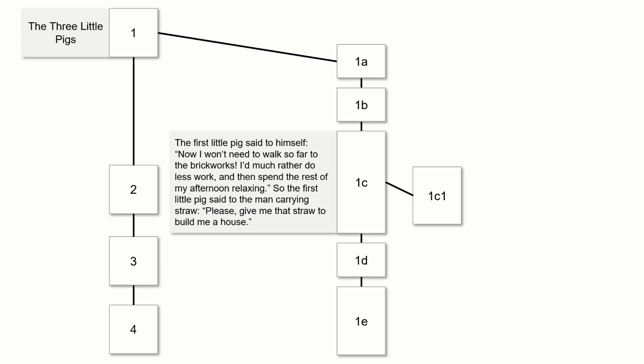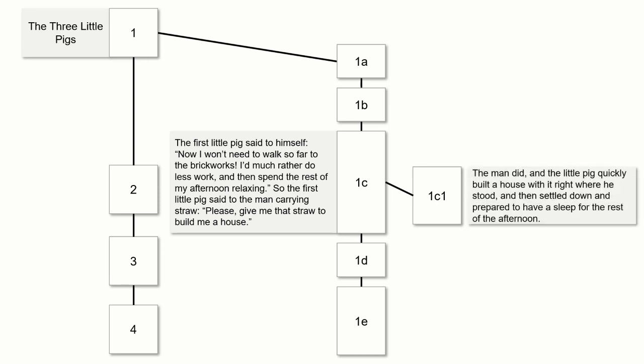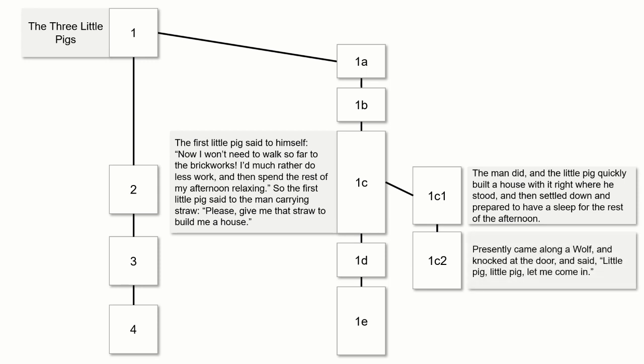So 1C1 is the man gave him the straw and the pig built his house and he settled down for a rest. Continuation, again, we increment the number. So 1C2, a wolf came along. Little pig, let me in. Incrementing the number again.